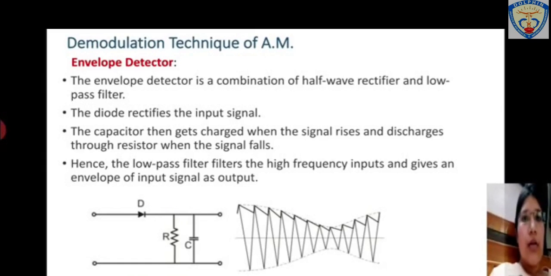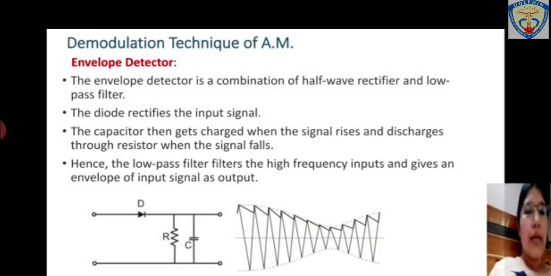Now the method used here is the envelope detector. We know that the message signal is present in the envelope of the modulated signal. So we will be using a diode and a low pass filter in order to detect the envelope of the modulated signal. The envelope detector is a combination of a diode and a low pass filter.